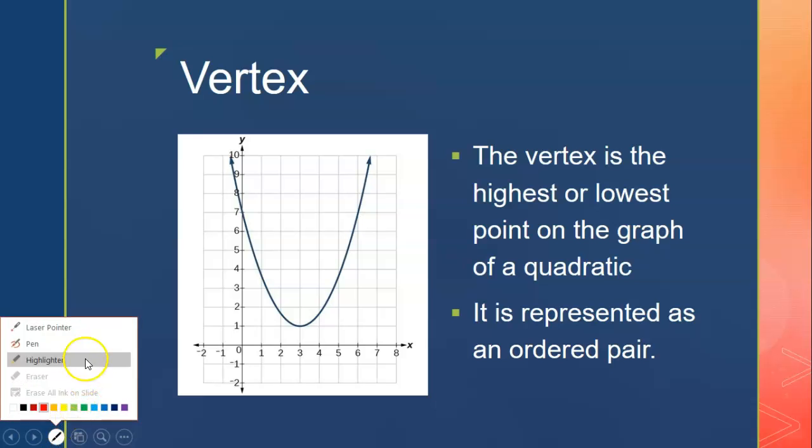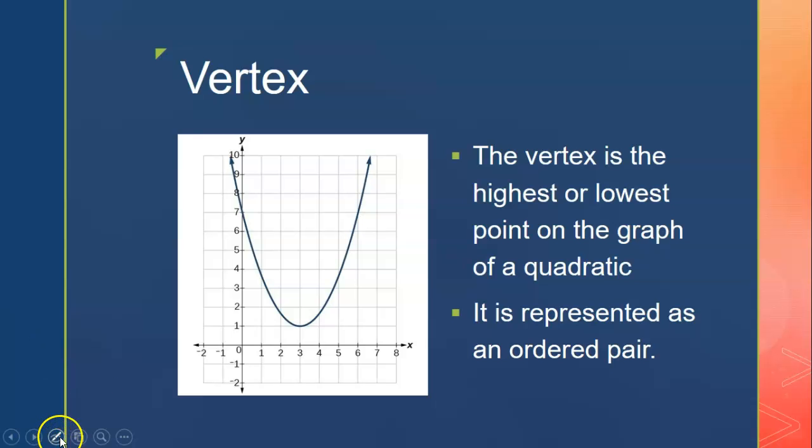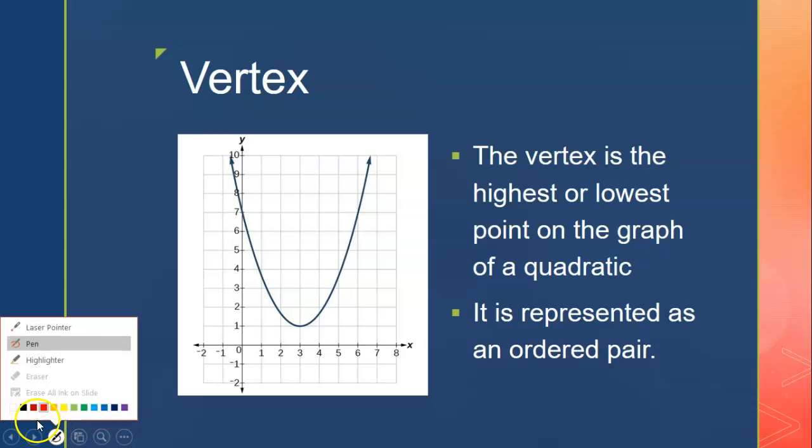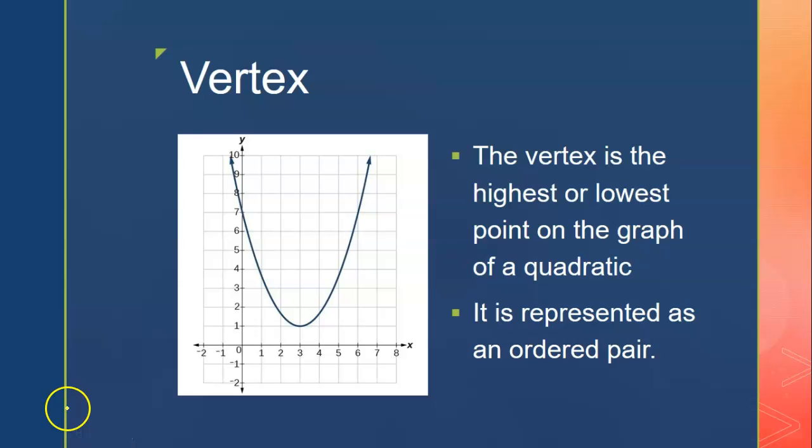It is always represented as an ordered pair. And in the case of this graph right here, this point would be the vertex. If we are in vertex form, it's h comma k. But again, this point right here would represent my vertex.